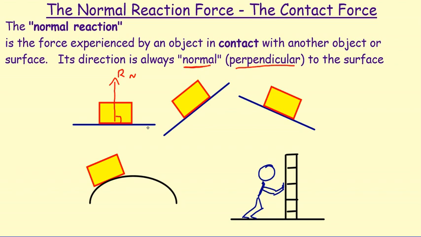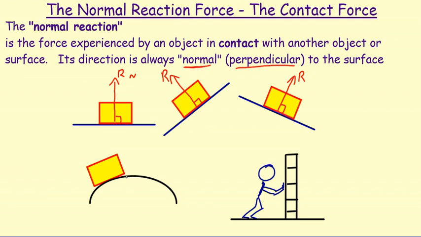So here, if we've got a box sliding down an inclined plane, then the reaction force is now out in that direction, 90 degrees to the surface. You get the idea. Okay, this one over here, pointing out 90 degrees perpendicular to the surface.